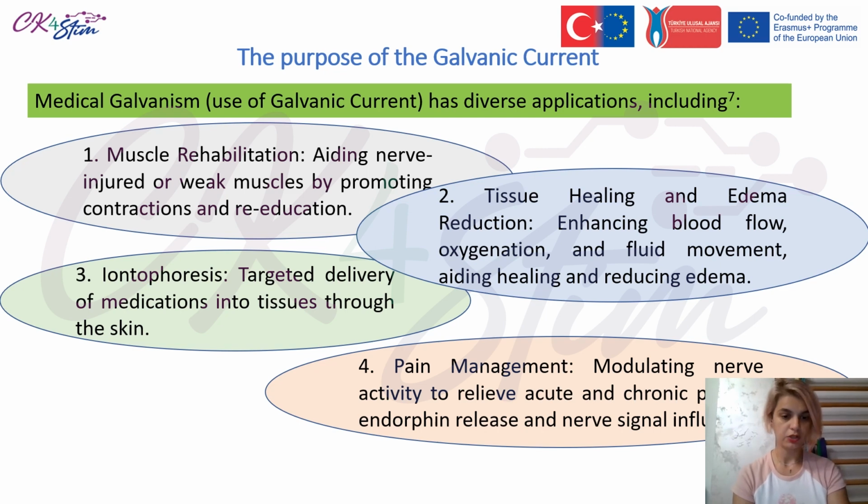In pain management, galvanic stimulation has been used to manage pain by modulating the nerve activity and reducing pain signals. This can help relieve various types of pain and release endorphins that will help with acute or chronic pain.